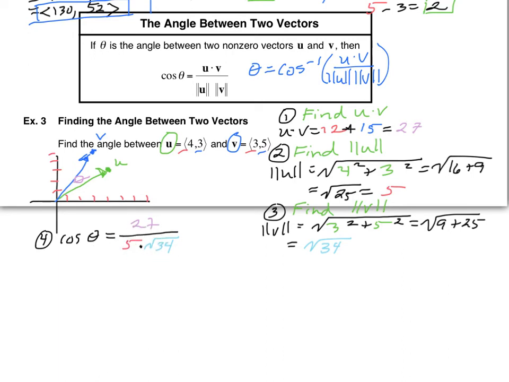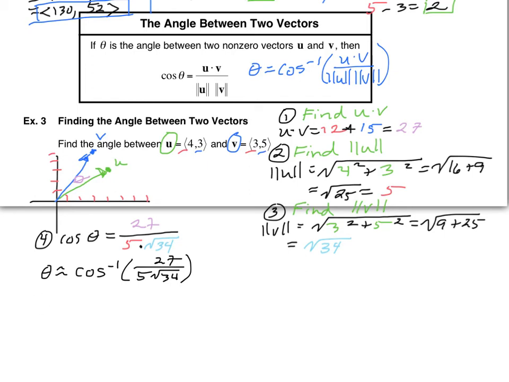So how am I finding theta? Yeah, so we're taking the inverse cosine of all of that, 27 divided by 5 root 34. Now be really careful when you put this in your calculator. If I were you, I would figure this out first. I would do 27 divided by parentheses 5 root 34 end parentheses. Because otherwise, depending upon your calculator, you run the risk of dividing by 5 but multiplying by that root 34 instead of dividing like you wanted to.